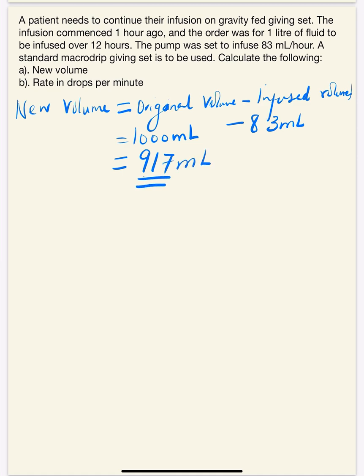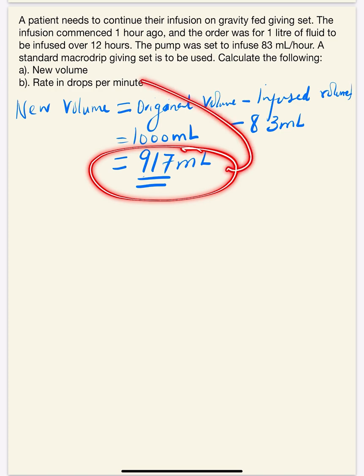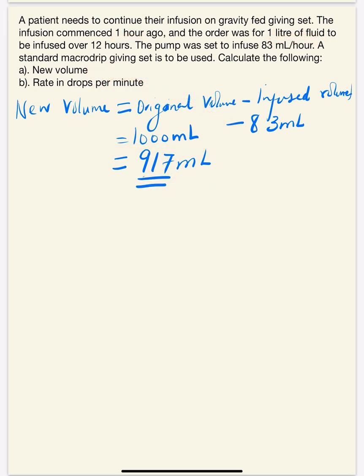It's what is left. This answers our question of how much volume is left in the bag, or what's the new volume. So the new volume is 917 milliliters. That's what's left in the fluid that we started giving 1 hour ago.